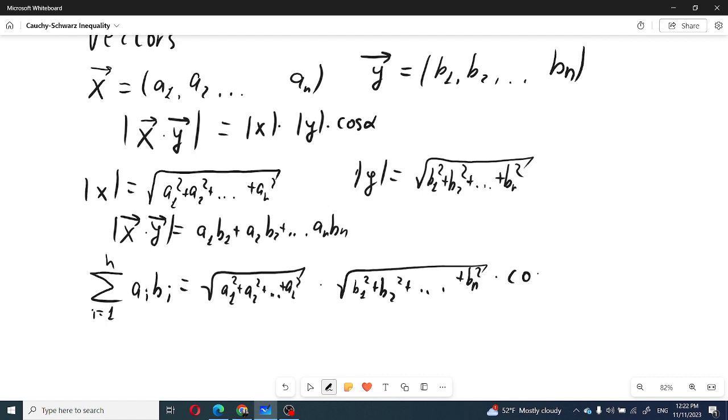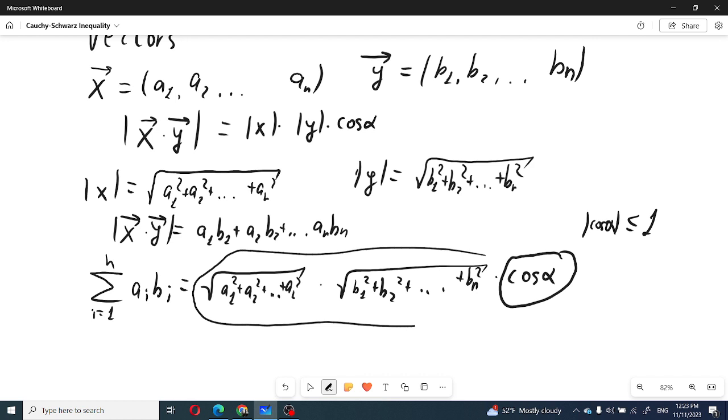And what do we know about the absolute value of cosine of alpha? It is less than or equal to 1. So we can conclude that the left hand side must be less than or equal to the product of the sizes. And this is clearly the Cauchy Schwarz inequality.